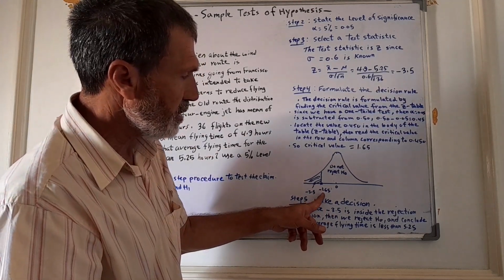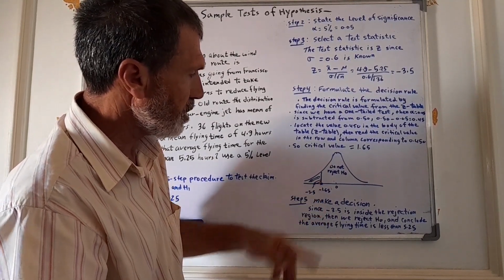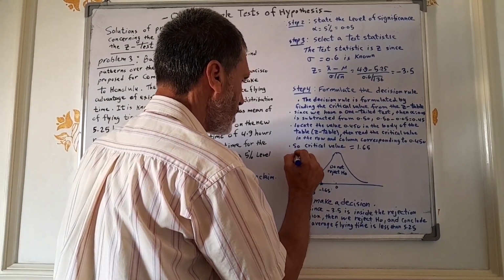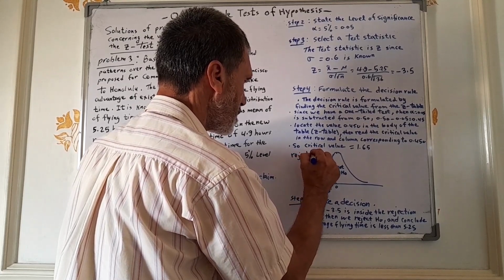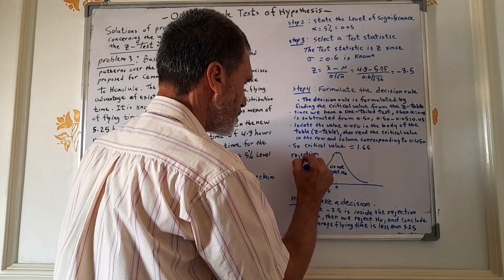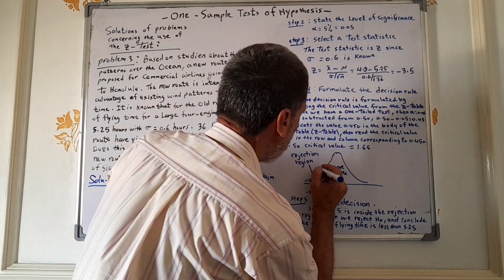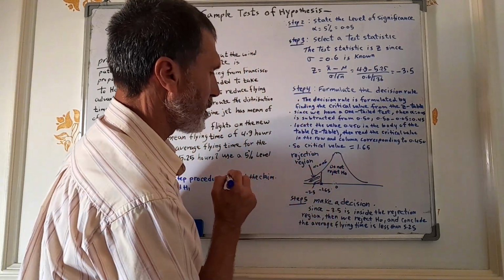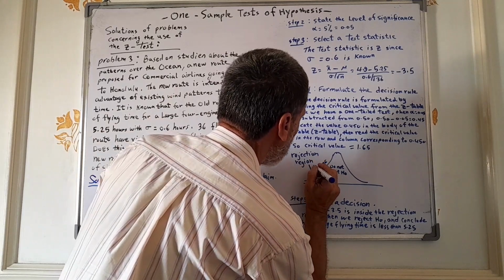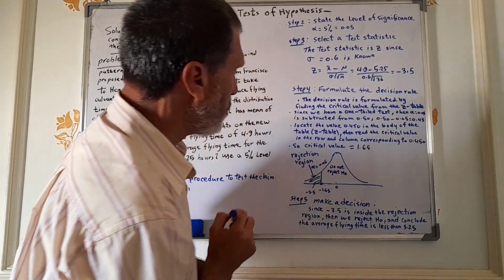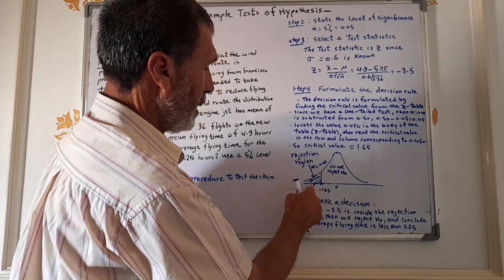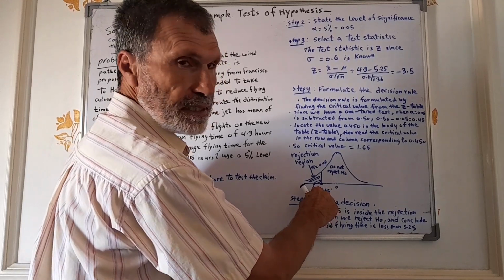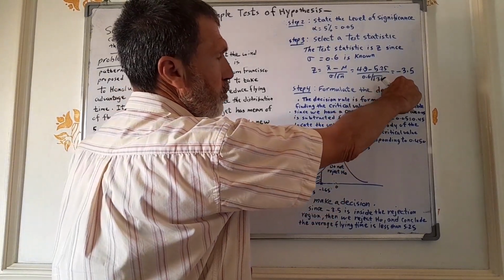This is the critical value, and this is the rejection region, with alpha equal to 0.05. So now we compare this critical value with the test statistic, the Z statistic, minus 3.5.